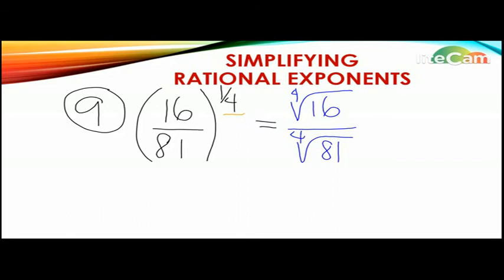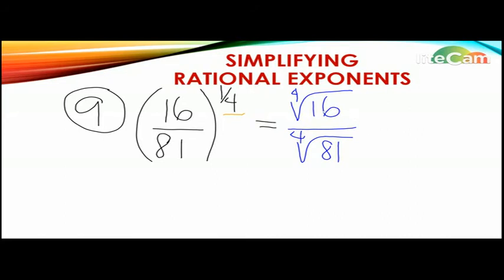Let's just make it the 4th root of 16, and let's have 81 and use the 4th root of 81, because 1/4 has to be applied to the 16 and to the 81 since it's outside of the parentheses.